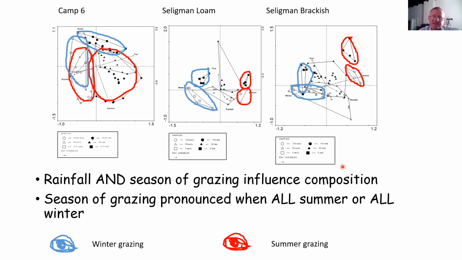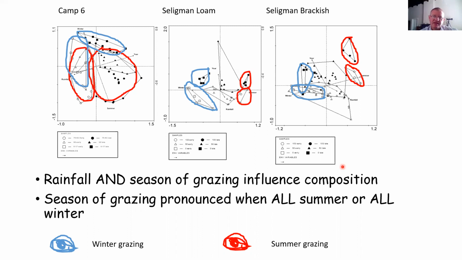We see that the red bubbles are far separated from the blue bubbles on the first axis. So the overwhelming effect on those trials was the summer versus winter grazing treatments. Now, I should quickly explain.